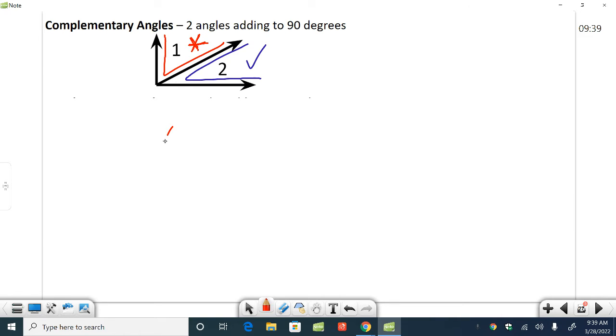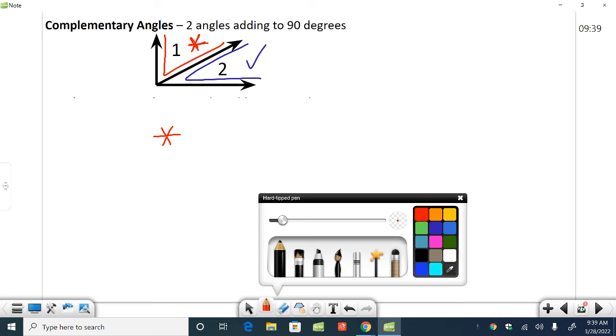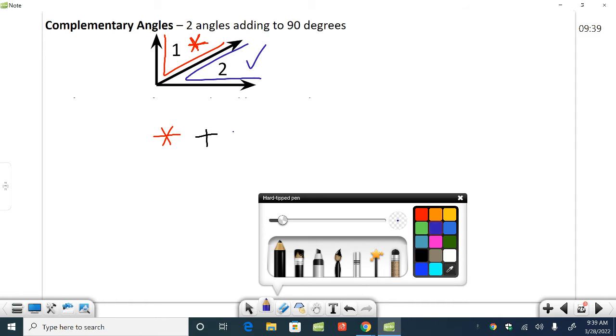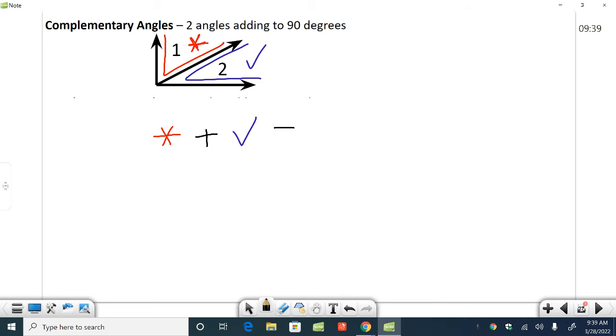The little asterisk plus the check mark is going to equal how many degrees? 90 degrees. So that's how you see it. If I actually put numbers in here, if I put 30 and 15, or 45 and 45, that would equal 90. Make sense? Okay. All right.